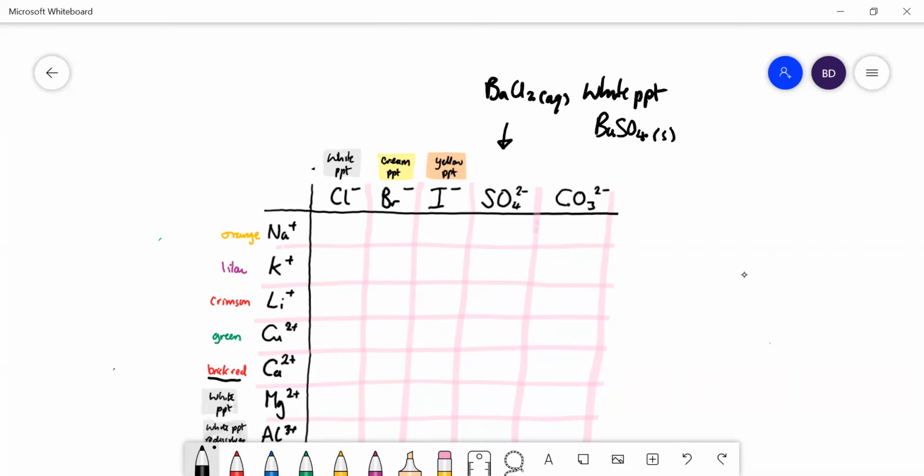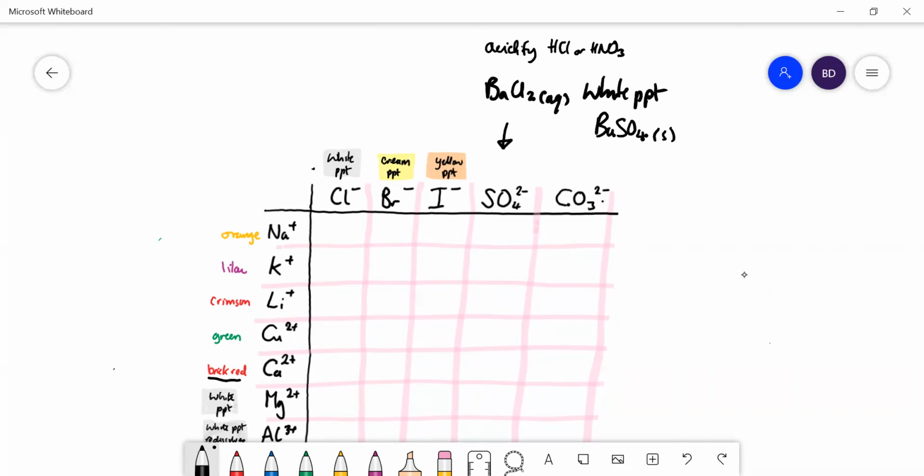So that's fairly easy to test for. Strictly speaking, again, you should acidify the barium chloride. Obviously, you can't acidify it with sulfuric acid because that contains sulfate ions, so you usually acidify with HCl, or you can acidify with nitric acid.